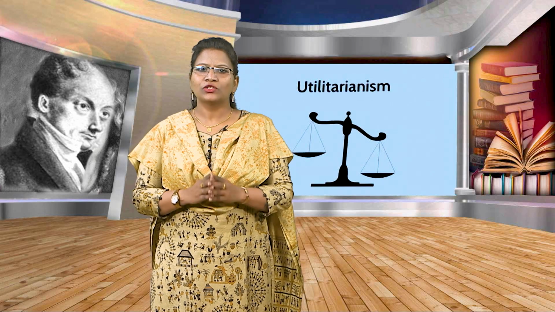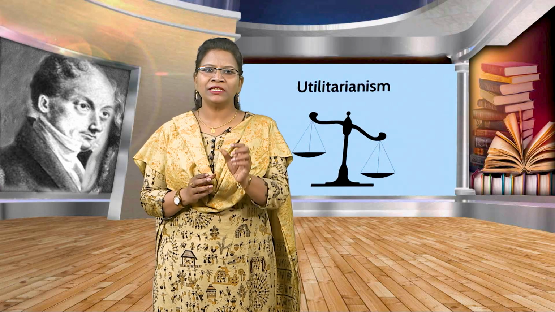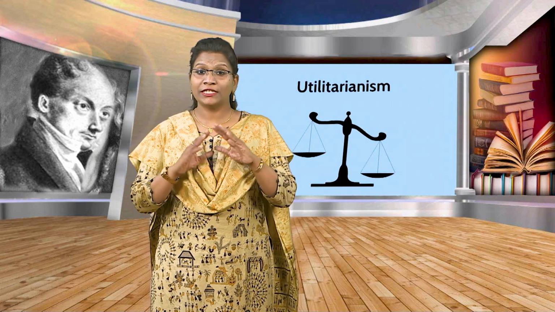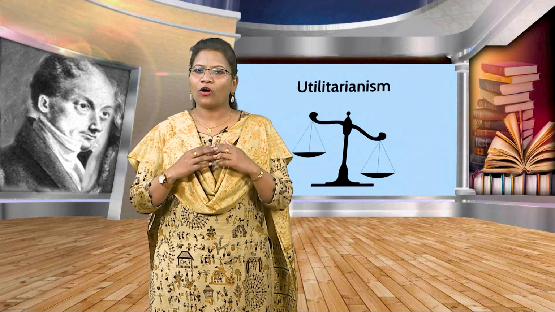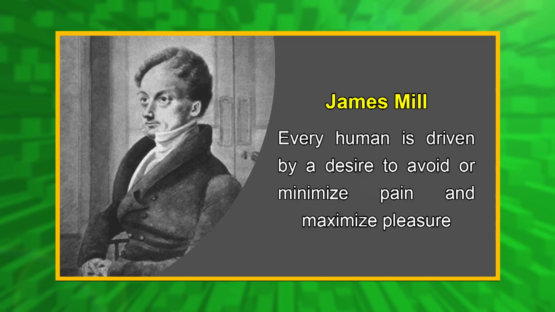James Mill saw government as a tool, that is, a mere means for achieving the general end of happiness of the entire community. Like Bentham, James Mill also believed that every human being is driven by a desire to avoid or minimize pain and maximize pleasure.